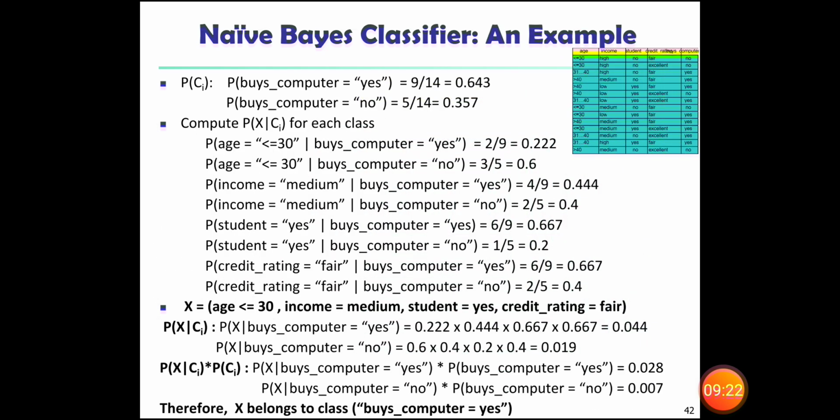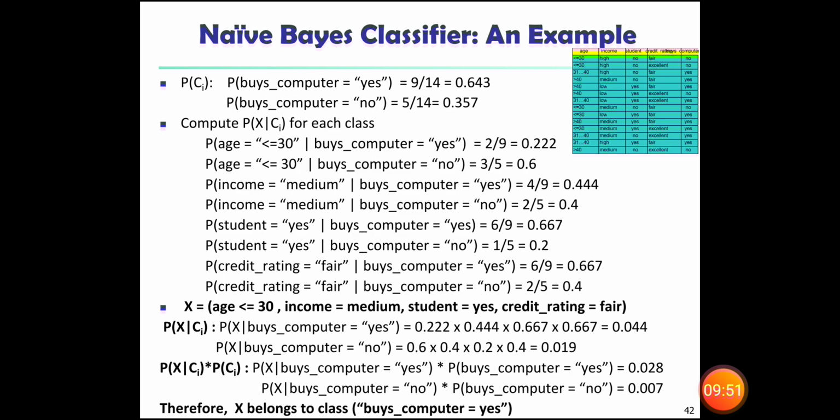Now for each and every label we have calculated the classification values, and P of C also. Now we will go for X. We'll combine together all the labels: age less than 30, income equal to medium, student equal to yes, and credit rating equal to fair. This is the X which is going to be classified.